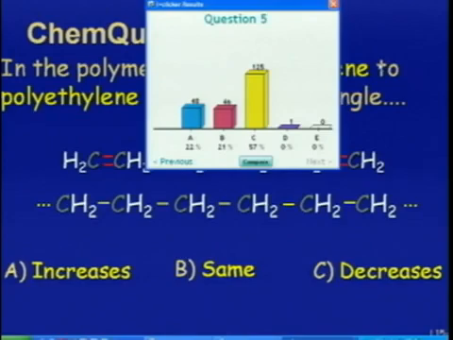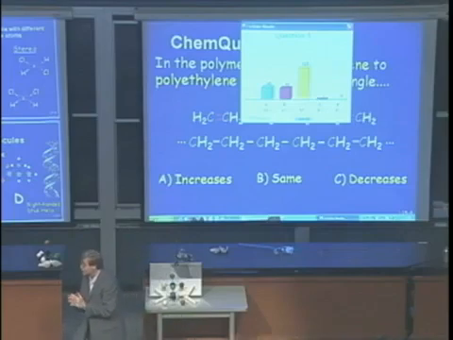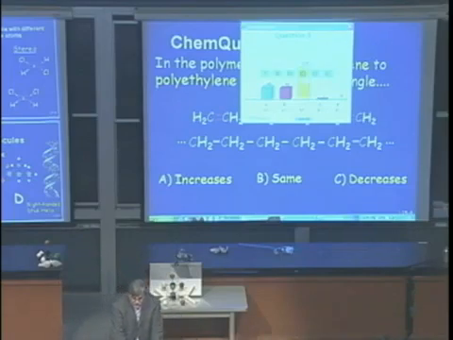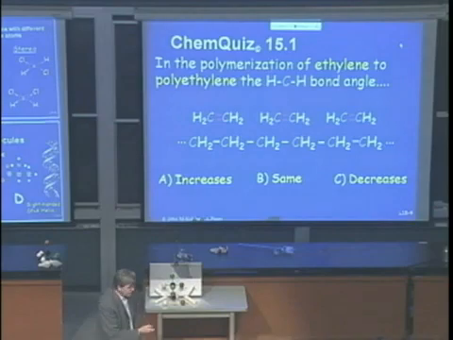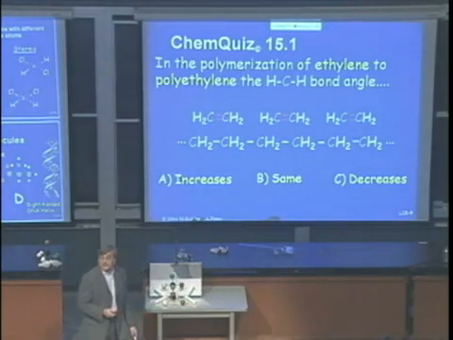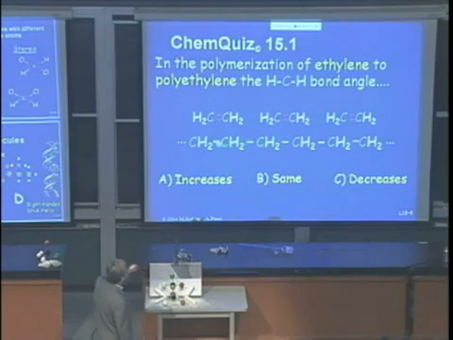So the bond angle decreases. I agree with you. Is it decreasing? Yes, it is decreasing. Okay, why is that? That's what I'm going to explain to you now, for those of you who haven't gotten it yet. So this here is steric number 3. Steric number 3 is trigonal planar. Yeah? This here, there's one H here, and one carbon here, one carbon here.